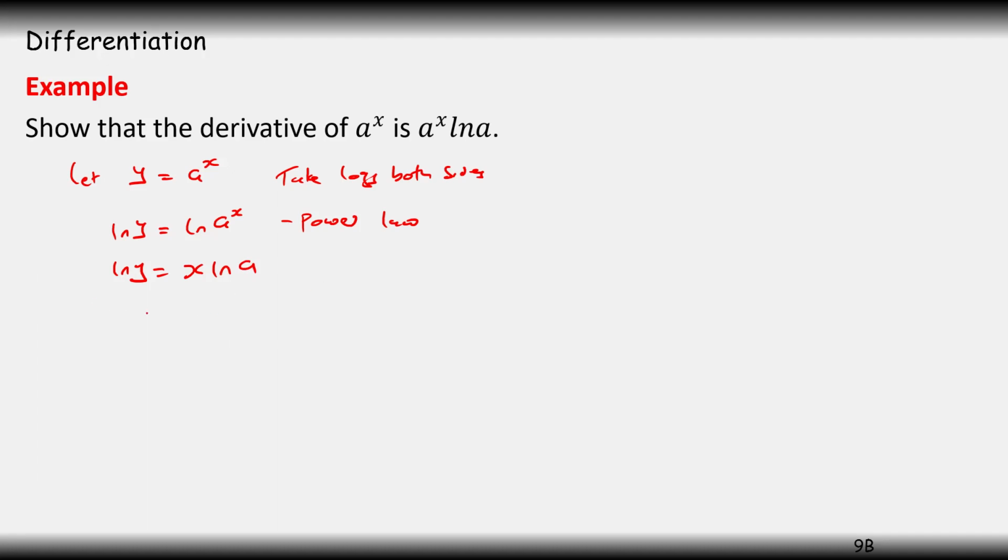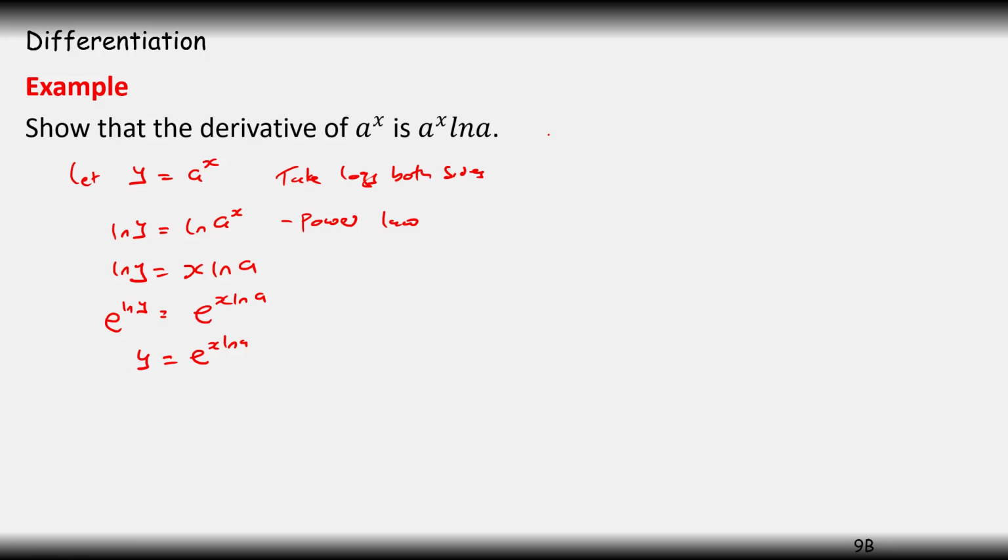Now I'm going to take exponentials on both sides because I know that the exponential is the inverse of log. So e of log of y is equal to e of x log a. Now because they're inverses, e of log of y just leaves me with y is equal to e of x log a.